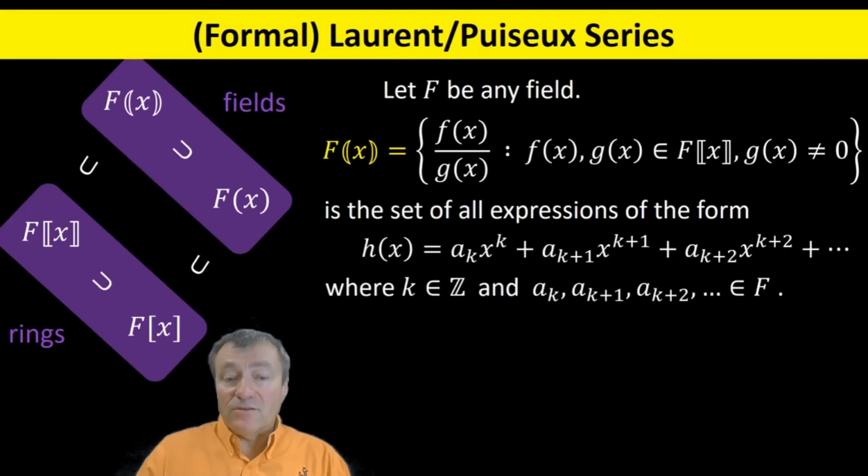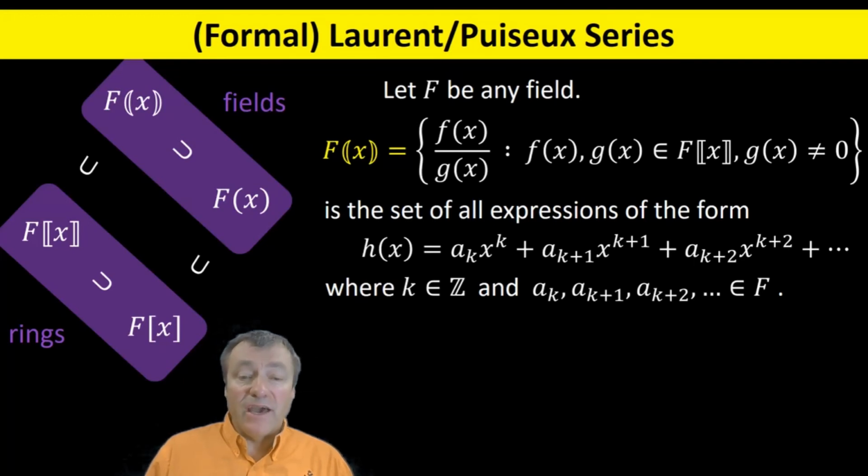And it turns out that there's a more direct way to write these. There are a new kind of series which allow negative exponents. But the catch is that you only allow a finite number of negative exponents on the x. That's what makes this all work. I've shown you here the definition, and the first term that I've indicated as the degree k term.